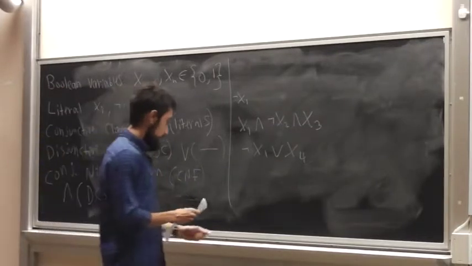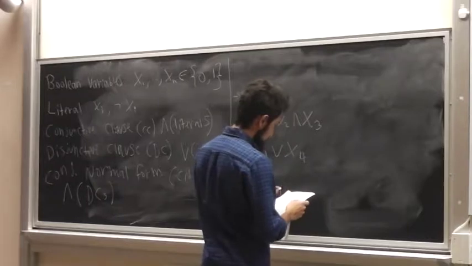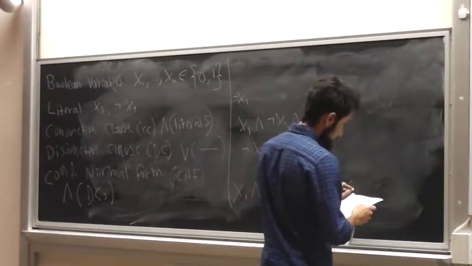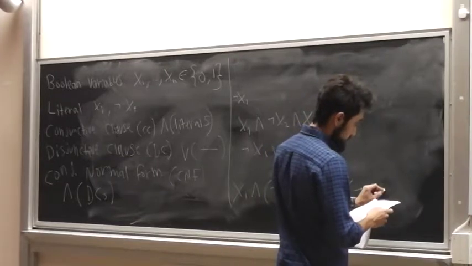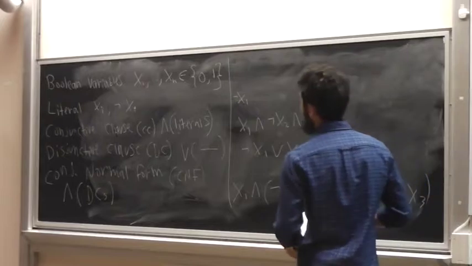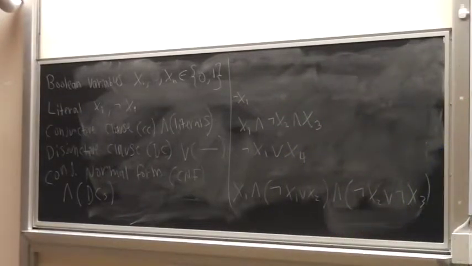So for example, you have x1 and not x1 or x2, and not x2 or not x3. So a conjunctive normal form is an and of a bunch of ors.